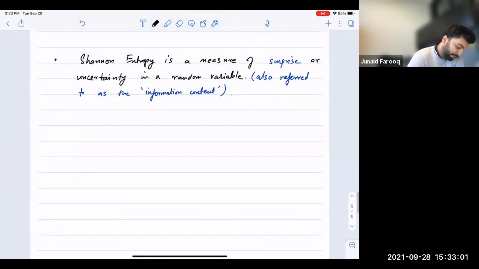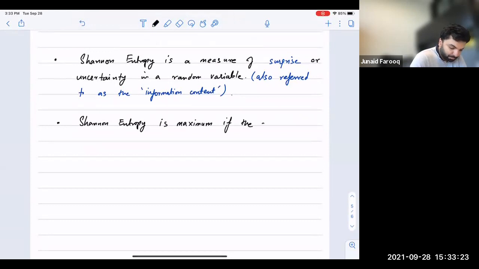Okay, another property is that the Shannon entropy is maximum if the random variable is uniformly distributed.